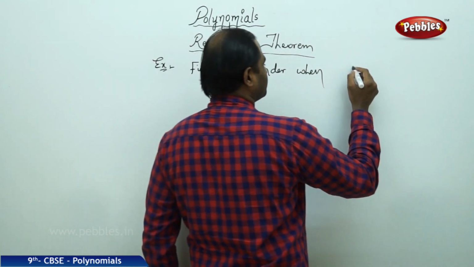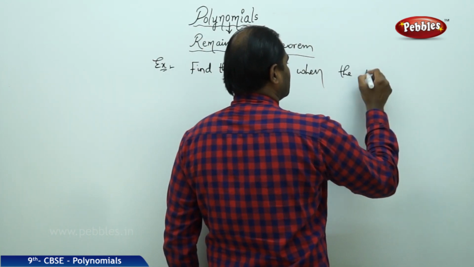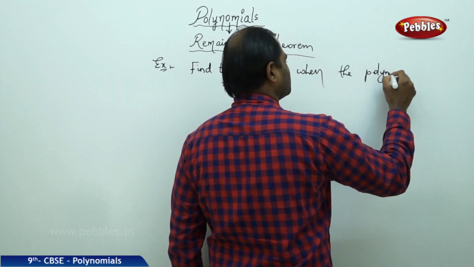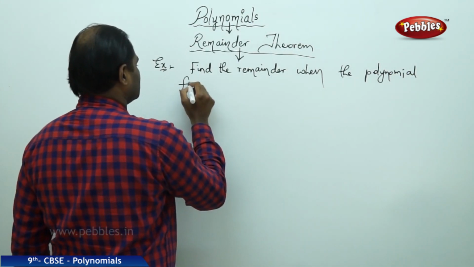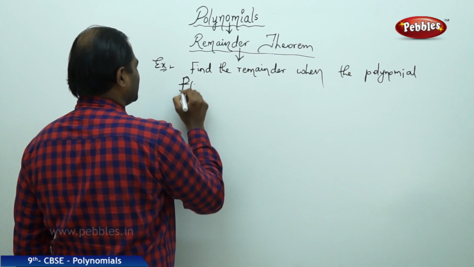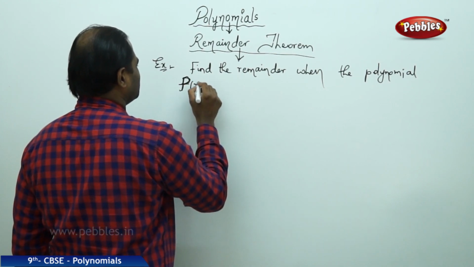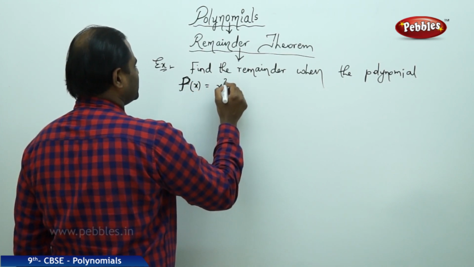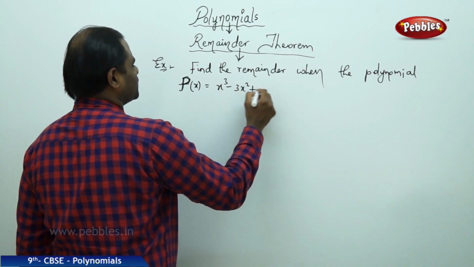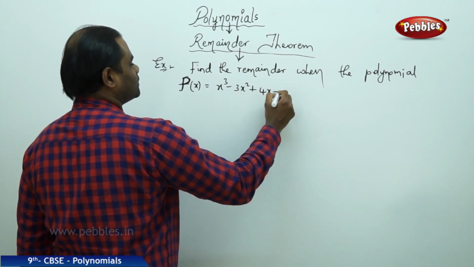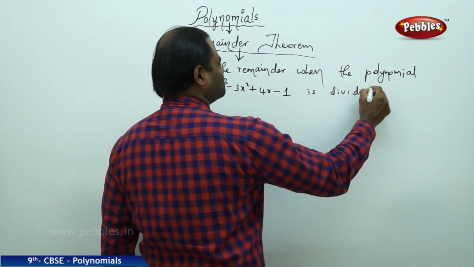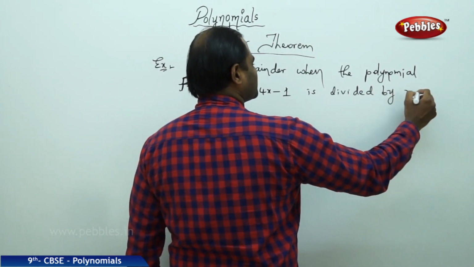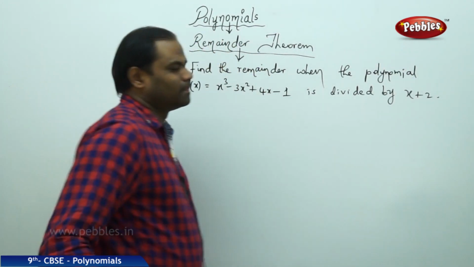when the polynomial p of x equals x cubed minus 3x squared plus 4x minus 1 is divided by x plus 2 is the question.